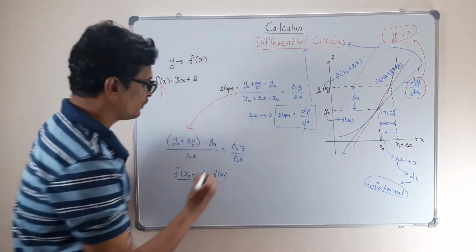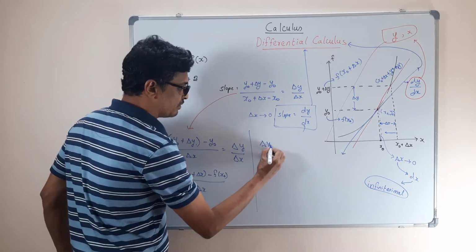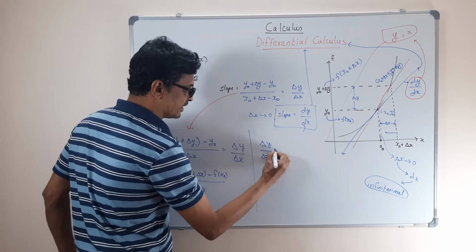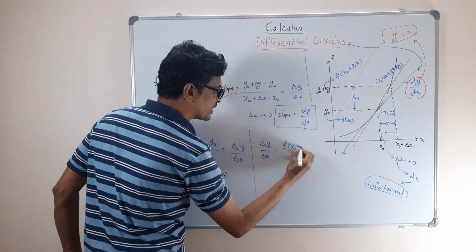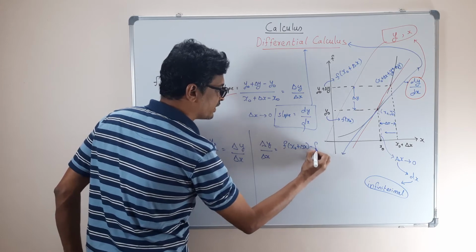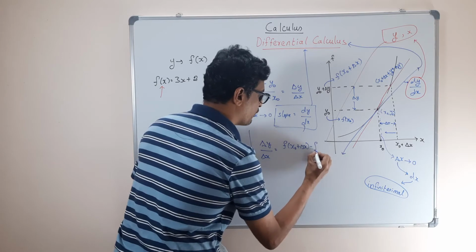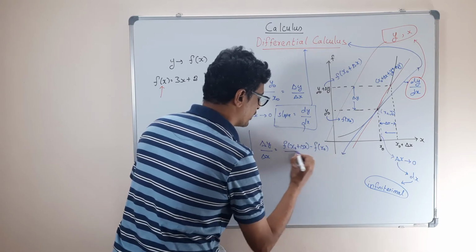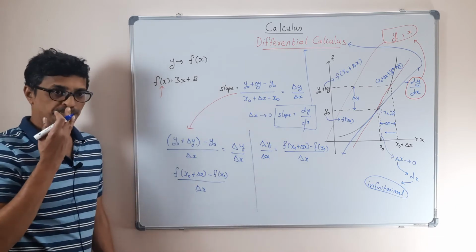So what we got is delta y by delta x is equal to f of x0 plus delta x minus f of x0, divided by delta x. Correct? This is what we got here.